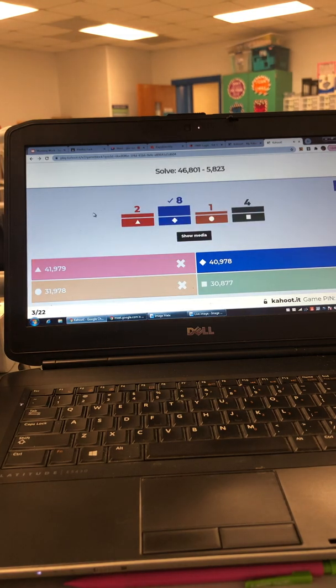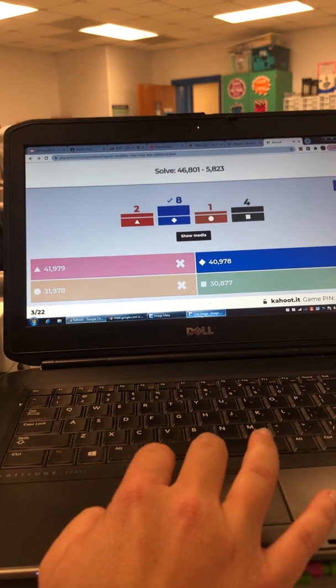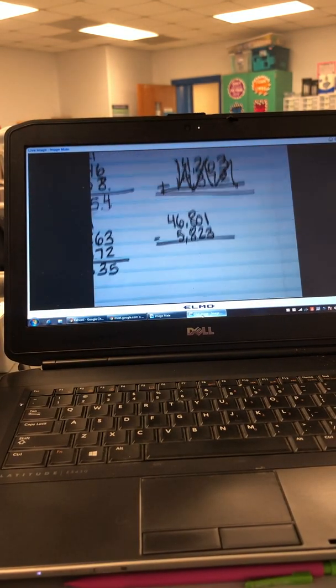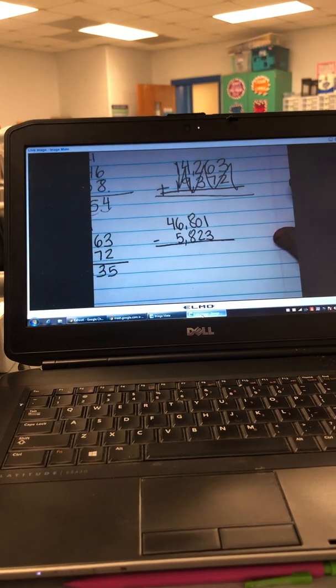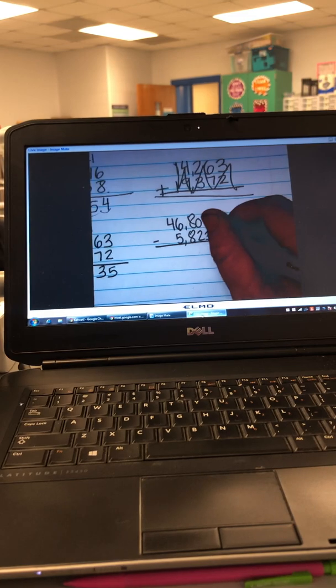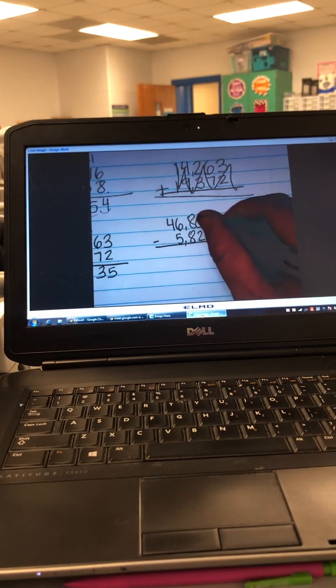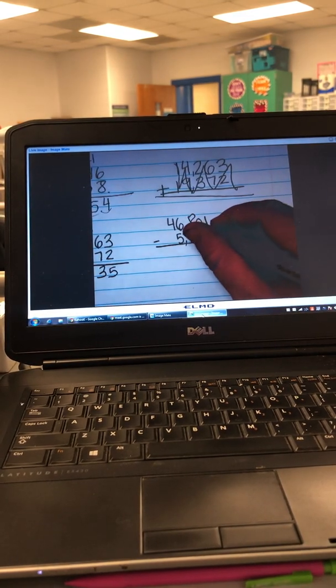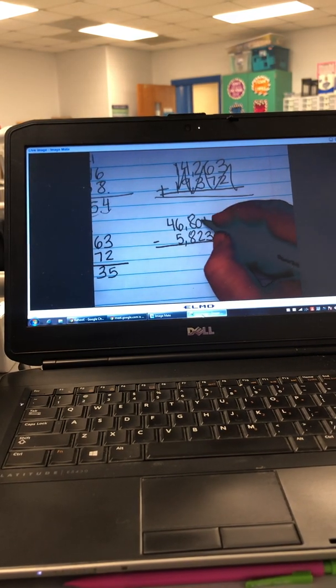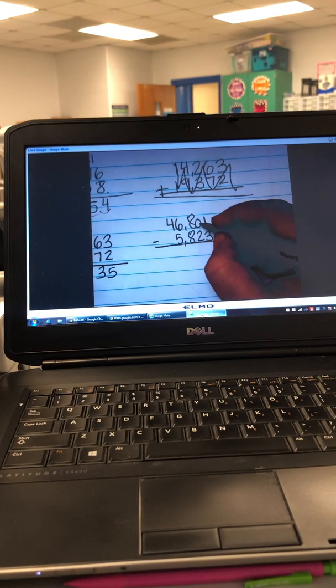All right, let's look at this problem. Let's literally go. 46,801 minus 5,823. If I have 1, can I take 3 from it? No. No, but does my next door neighbor, if there's more on the floor, I need to go next door. Do they have anything to give me?